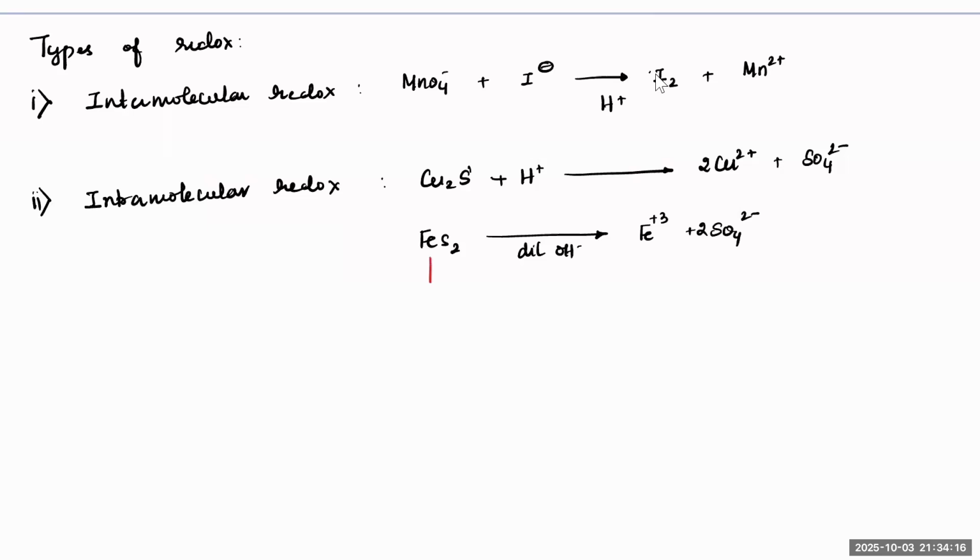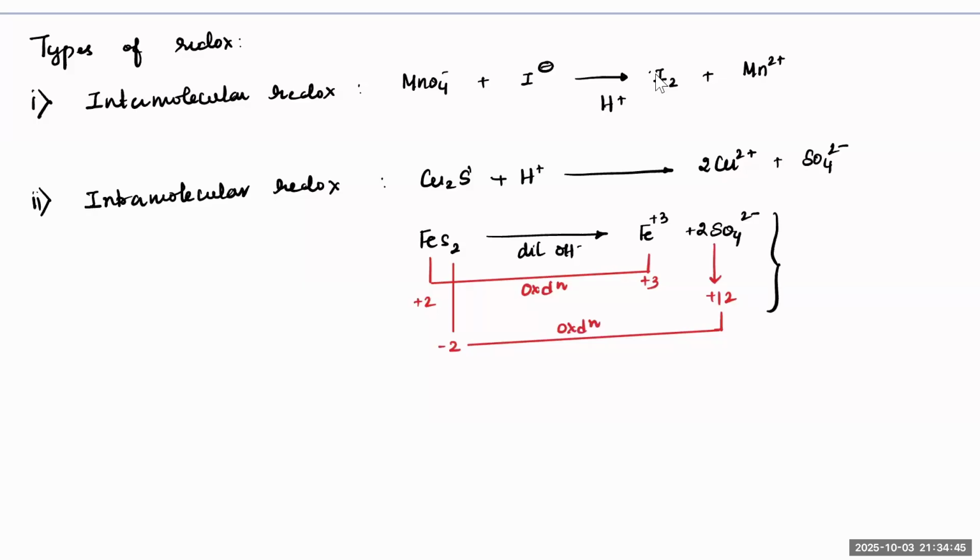Iron is undergoing oxidation because it is going from plus 2 to plus 3. Sulfur is also undergoing oxidation, where it is minus 2 on 2 sulfurs and plus 12 on 2 sulfurs. So oxidation is happening here also. So is it a complete reaction? No, it is a half reaction. But yet we call it an intramolecular half reaction.